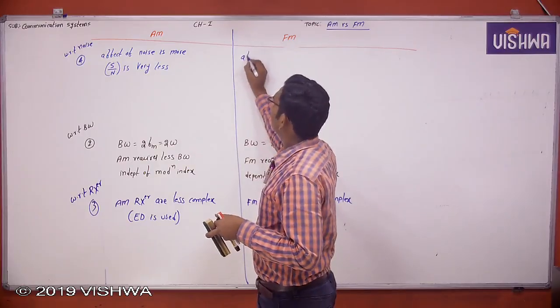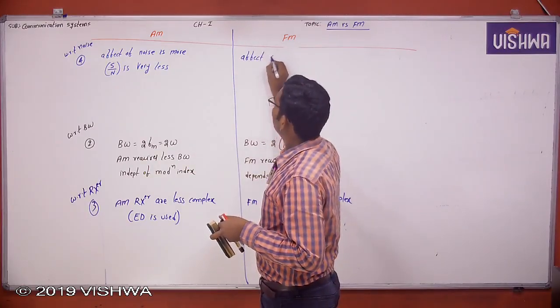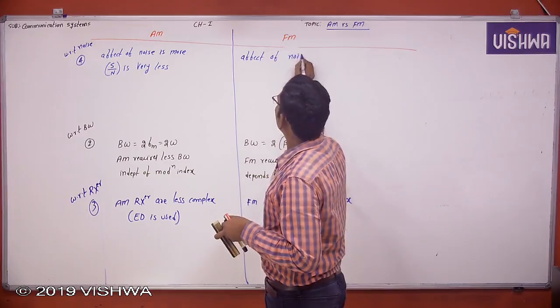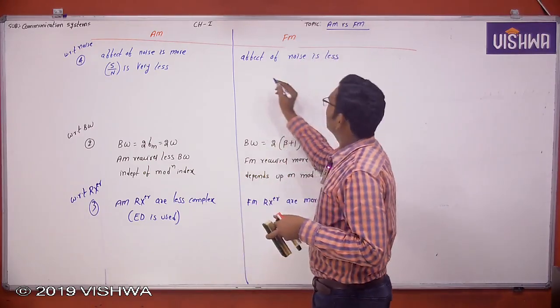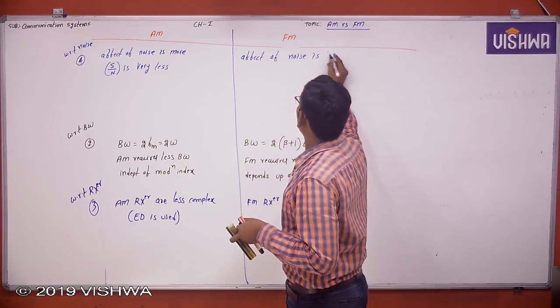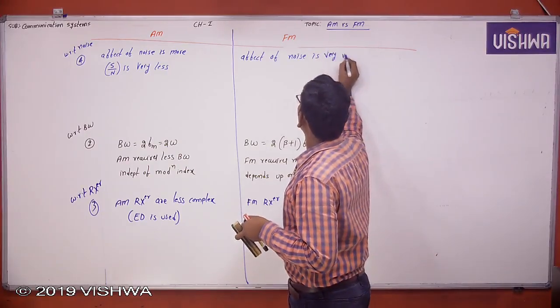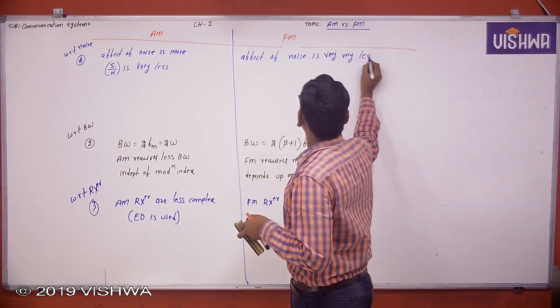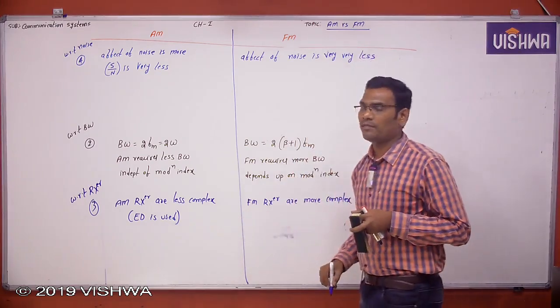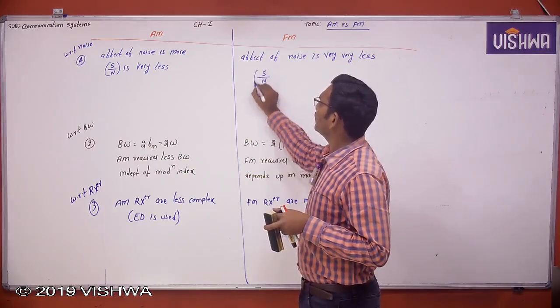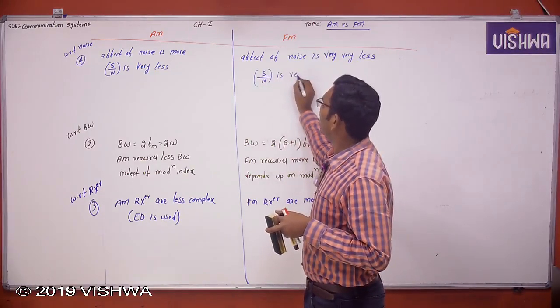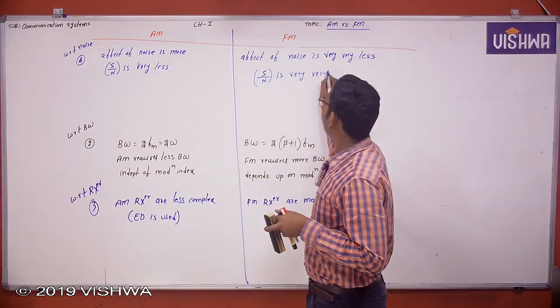But in FM the effect of noise is very less, because here the information is not in terms of amplitude, the information is in terms of frequency. Signal to noise ratio is very high.